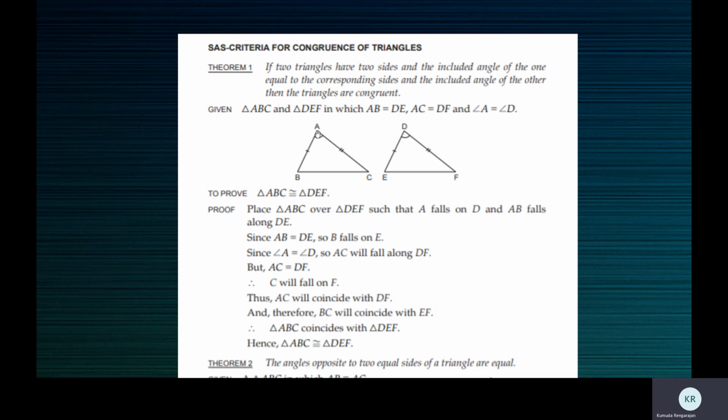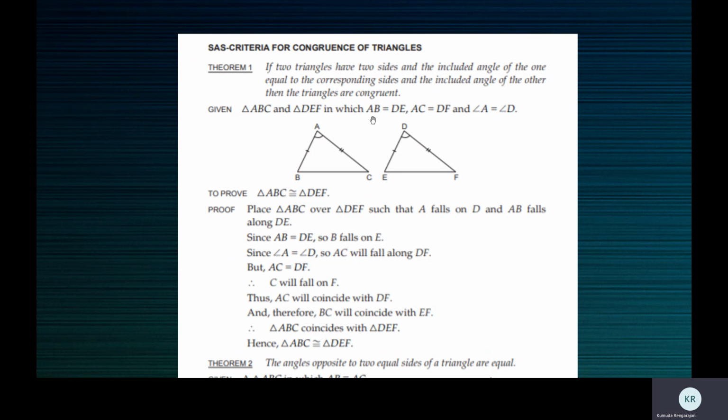So we'll say side AB of triangle ABC is equal to side DE of triangle DEF, and side AC of triangle ABC is equal to side DF of triangle DEF. So we have two pairs of equal sides.